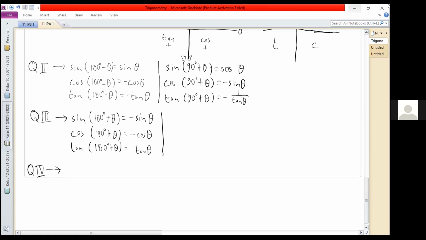Later I will create a Google Classroom so you can join, and then I will post an exercise there. It is about angles greater than 90 degrees and related angles. Basically you have to complete a table. I'll give you a table, and I'll ask you to complete it. So, any question?